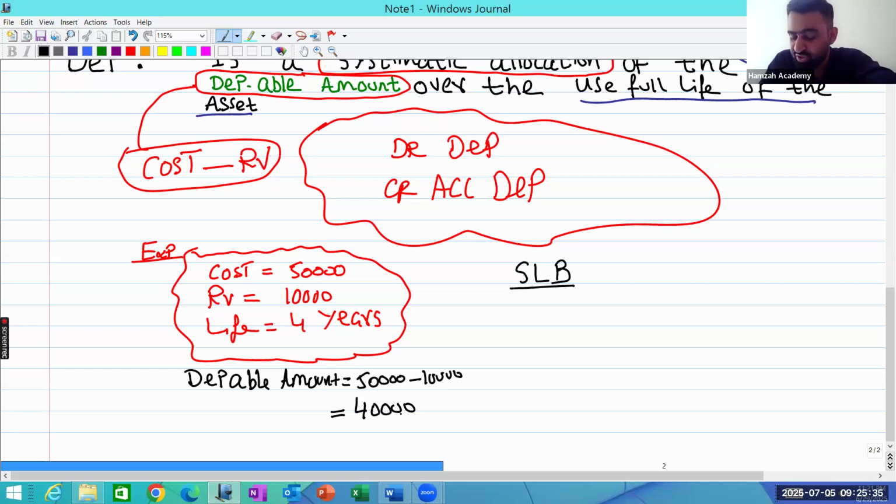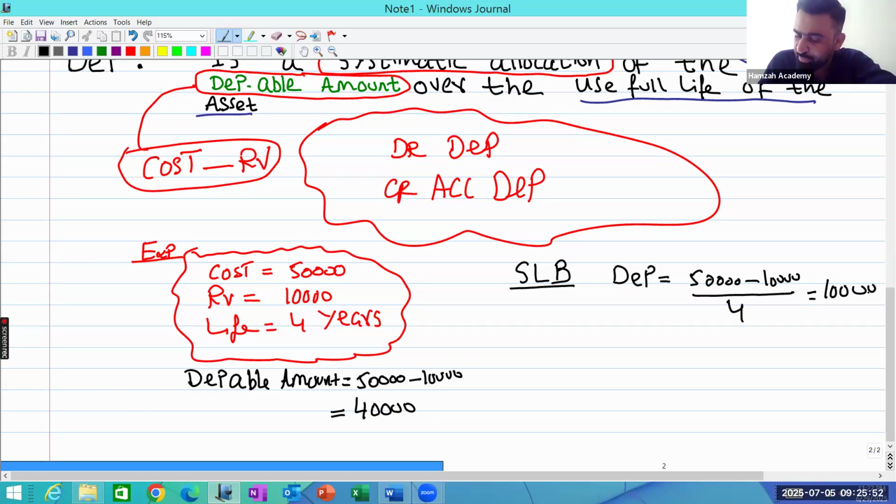For straight line, the depreciation per year will be 50 minus residual value divided by 4.